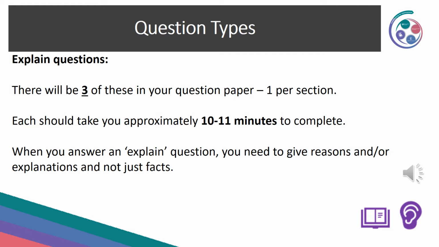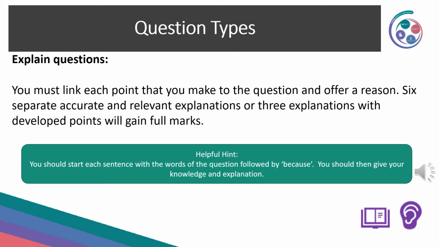When you're answering an explain question, it's important to remember that you need to give reasons and/or explanations, and it's not just about the facts. Your answer to an explain question must follow a particular structure.